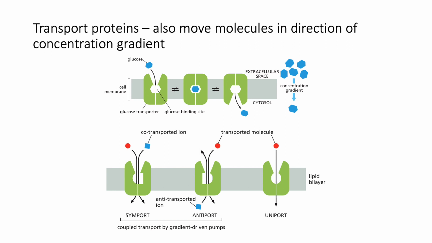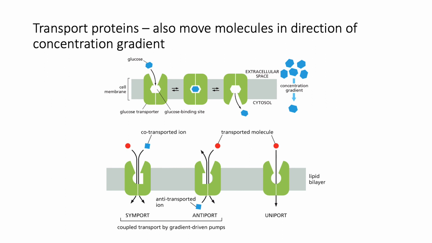Now some symports can drive a molecule against the concentration gradient. So everything we've talked about here, which is true, everything is moving according to the concentration gradient from high to low.